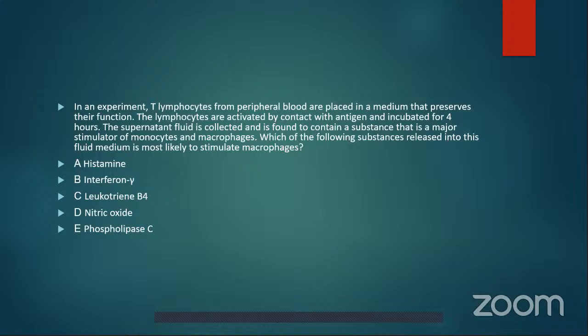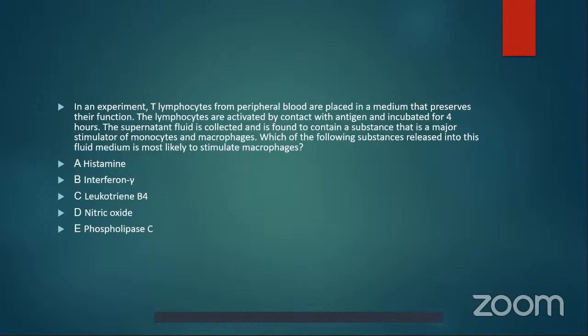So basically they have told that there's a T lymphocyte and they are telling that whatever was released from this activated T lymphocyte has stimulated my monocytes and macrophages. So what was released is what they are asking. So previous question, what was the hint? Hint was that interferon gamma was there and therefore which cell is getting activated?